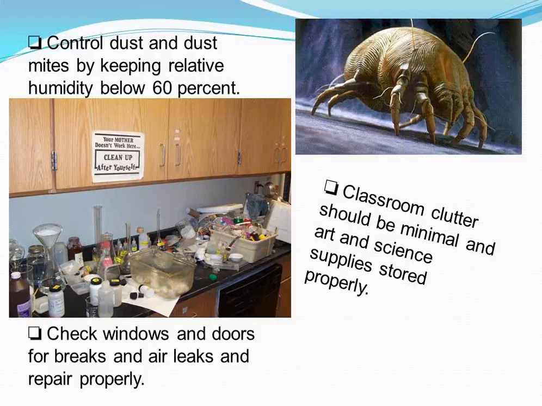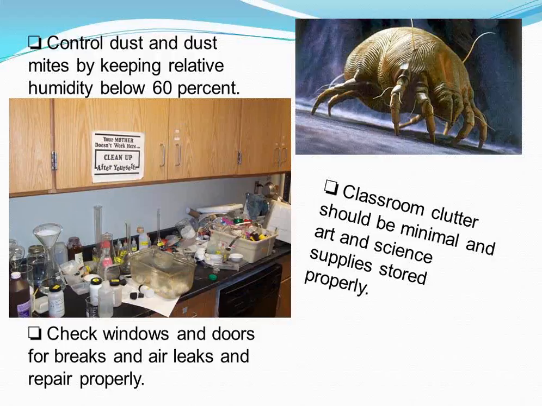Yeah. And I just want to point out this last tip here about checking windows and doors for breaks and air leaks. Maybe the summertime is a time when people do blower door tests to see if you're actually getting, like when it's the heating season, of course, you don't want to lose a lot of the heat outside and so on. Make sure that the ventilation system is working properly.